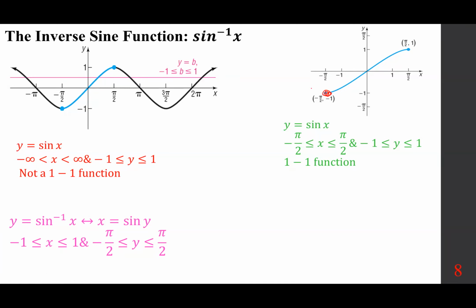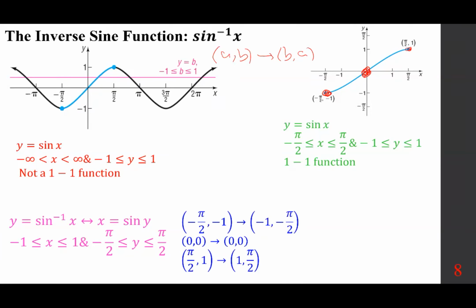Negative pi over 2, negative 1 will change to negative 1, negative pi over 2. 0, 0 remains because we are interchanging x and y. Remember, if the pair is a comma b, for the inverse it becomes b comma a. So this one, pi over 2 comma 1 becomes 1 comma pi over 2.